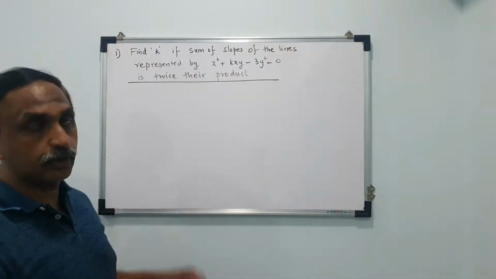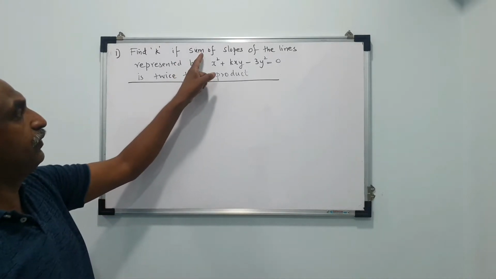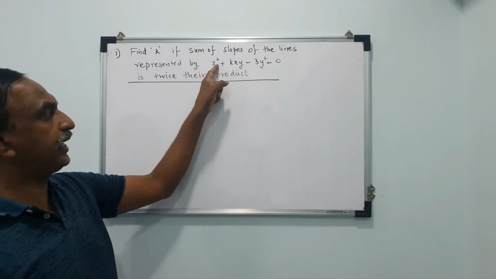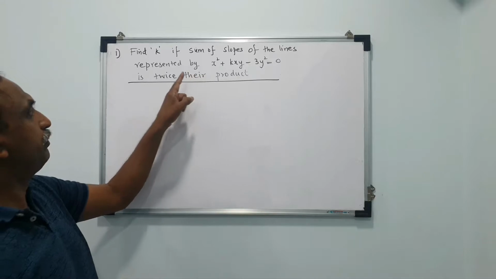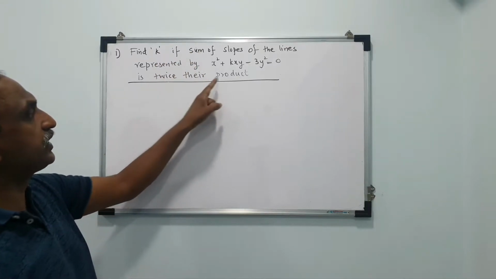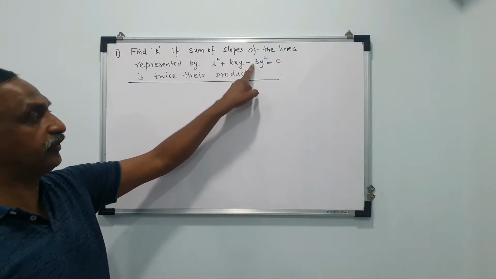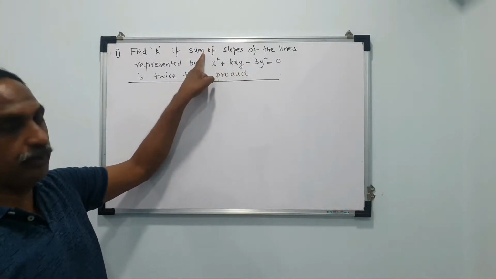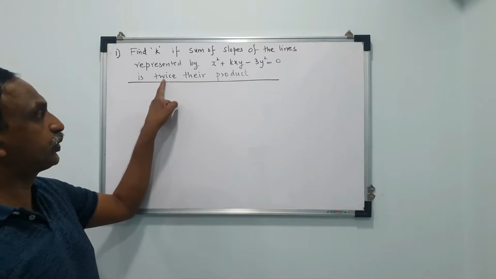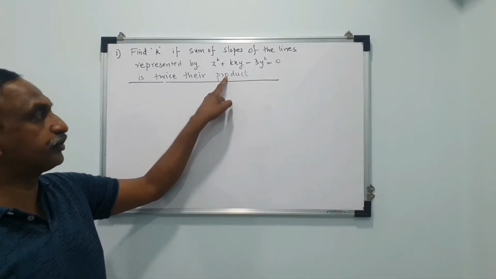Now let's solve this problem. It is given that for this pair of lines, the sum of the slopes is twice their product. So if m1 and m2 are the slopes of these lines, m1 + m2 is 2 times the product of the slopes.